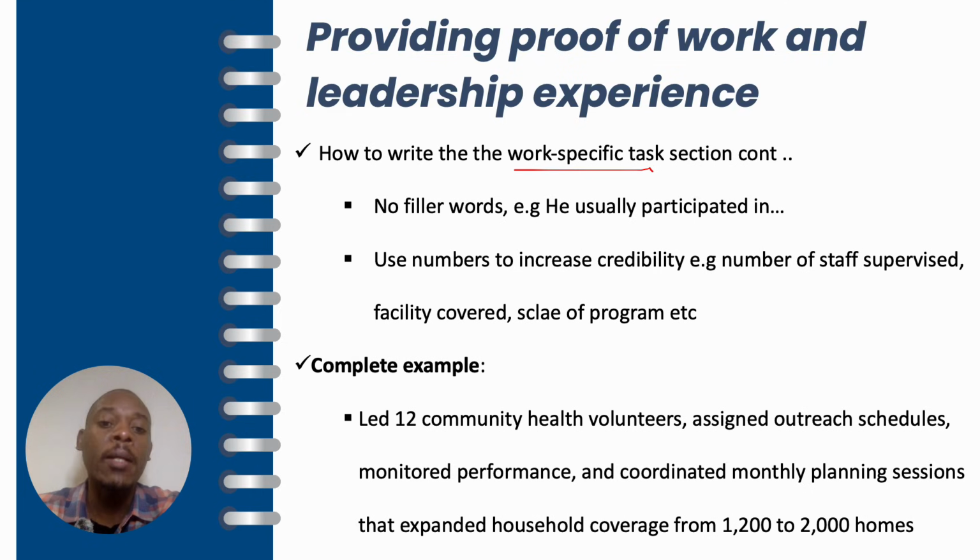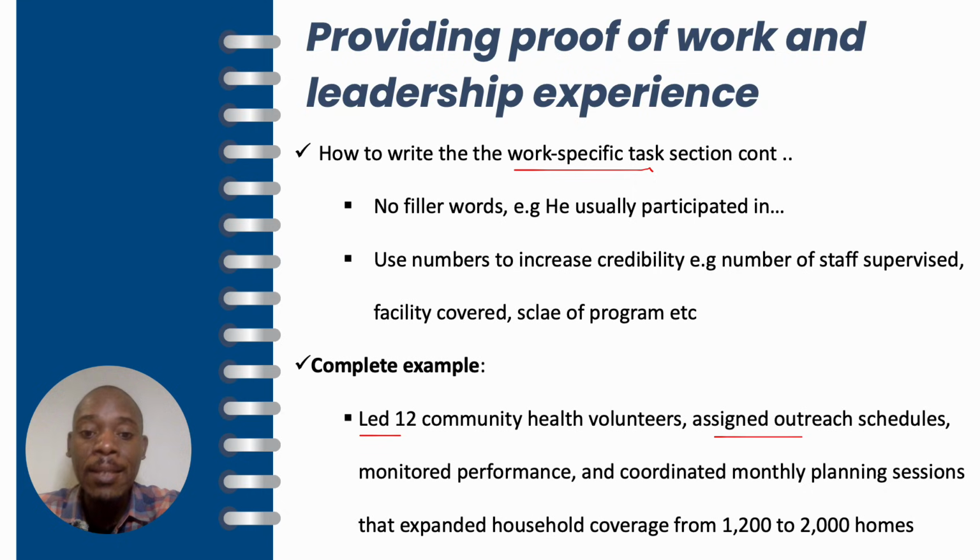So you can write like, led 12 community health volunteers, assigned outreach schedules, monitored performance, coordinated monthly planning sessions that expanded household coverage from 1,200 to 2,000 homes. So again, here you are able to see that this person led this number of community health worker volunteers. What did they do?